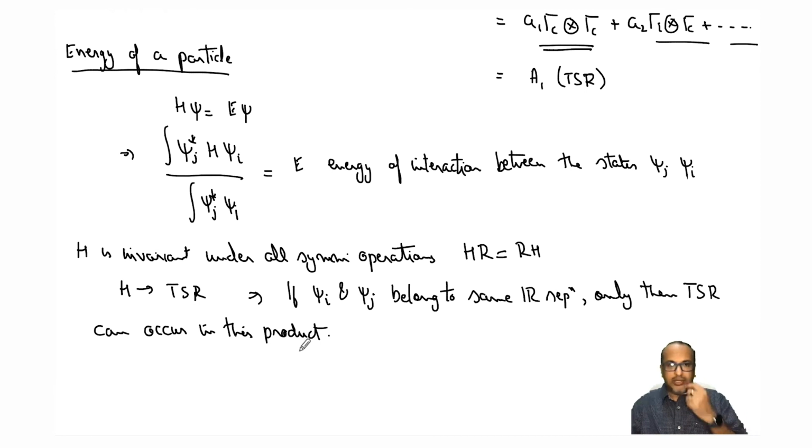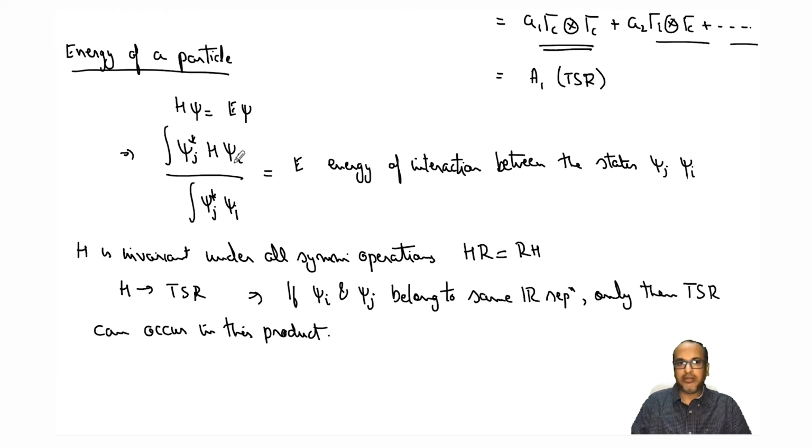To know whether this integration will go to 0 or not, we need to identify whether these two form the basis of the same IR representation or not. If they form the basis of the same IR representation, then the TSR will exist in this product. If the TSR exists, the integration will be non-zero.